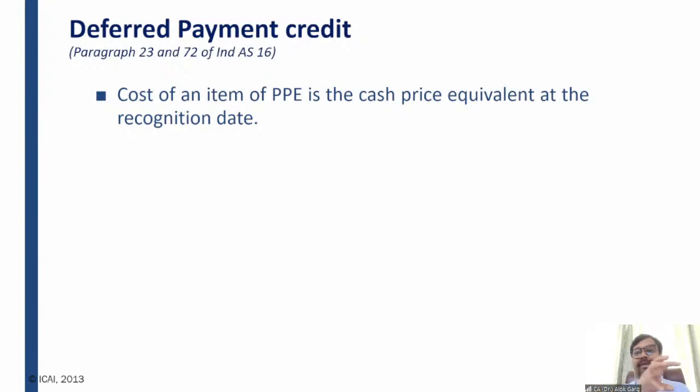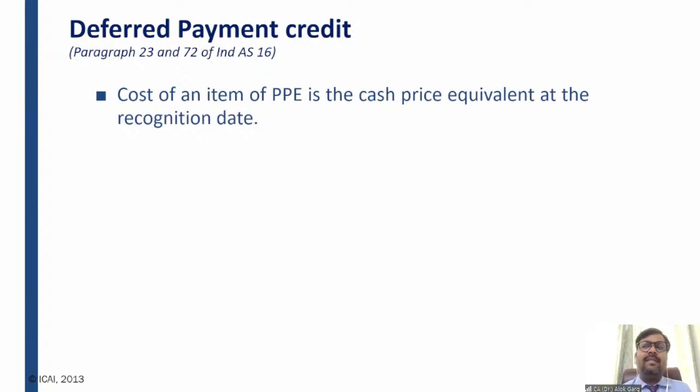So there is a disparity between the two companies. One is using their own funds, one is taking borrowing and using those funds for purchase of the asset. So there is a difference in the value of the fixed asset, which is not right. Going by the substance, he is paying extra because he is enjoying deferred payment credit terms, so he is paying interest over that.